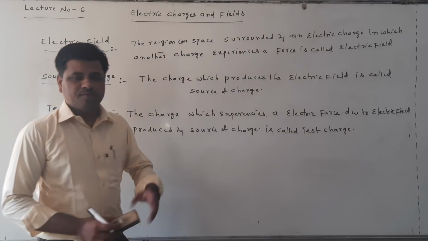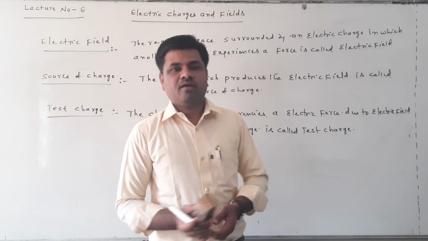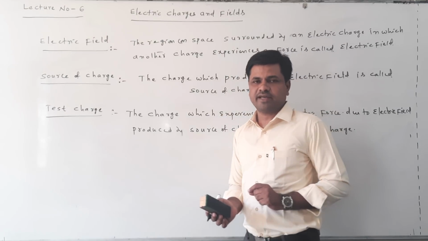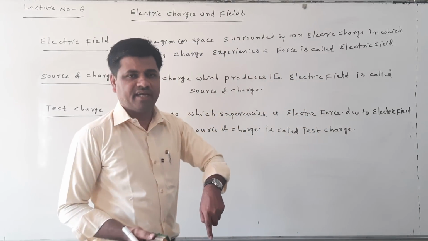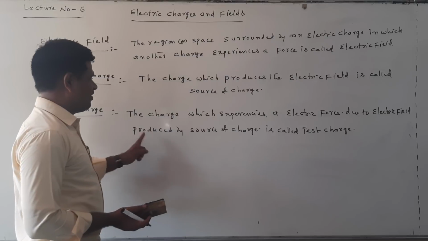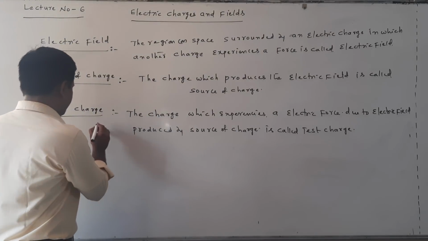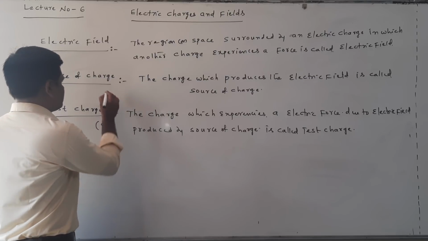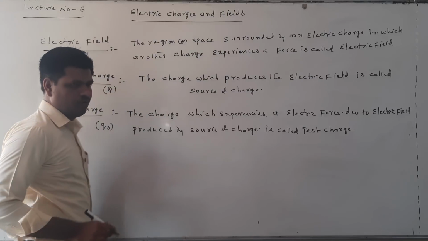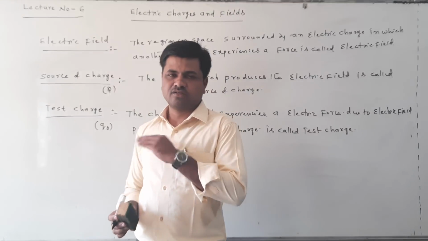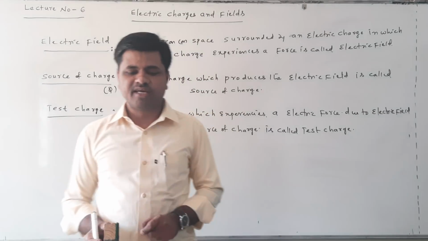Who is producing the electric field? The source of charge is producing the electric field. Who experiences the electric field? The test charge. The test charge is denoted with Q naught. The source charge is denoted with Q. Capital Q is taken as the source charge, and Q naught is taken as the test charge.